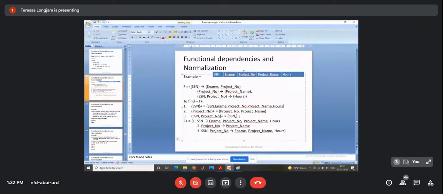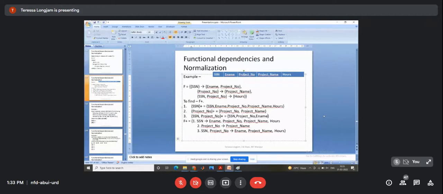Initially it will have only SSN and project number because of the initialization that we have. After that, SSN is a subset, so we will include ename, and project number is already there. As it is a union, we do not need to put another project number, because union will eliminate the redundant attributes, isn't it?